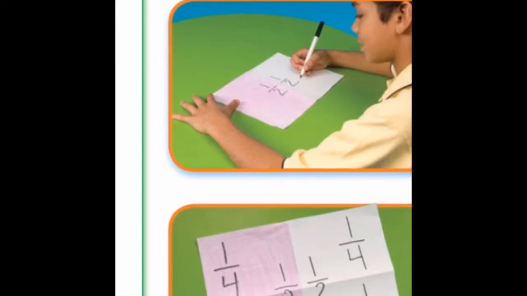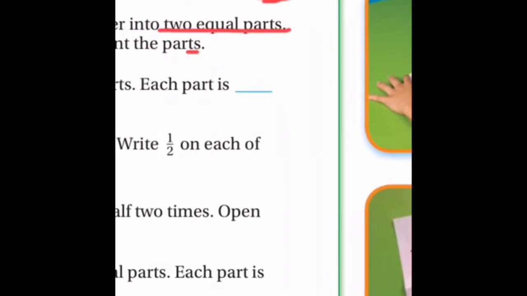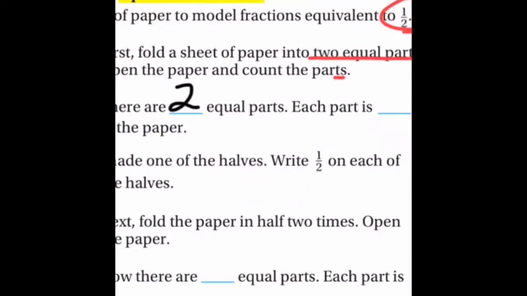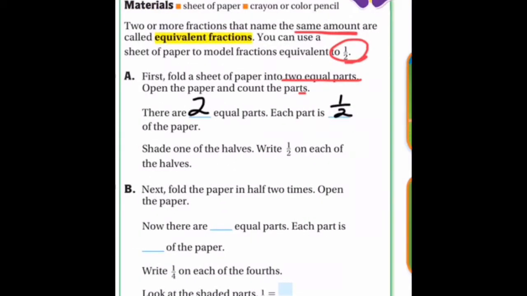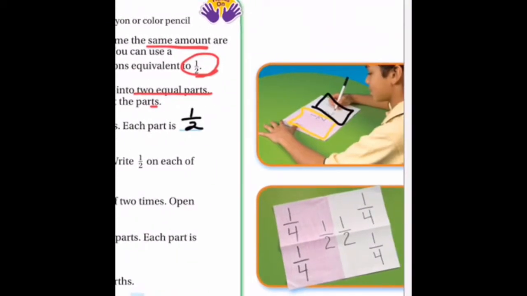We have 1 and 2, right? 2 equal parts, and each part is then 1/2 of the paper. And the boy over there shaded in 1/2 on the left that I kind of boxed in with the yellow pen.